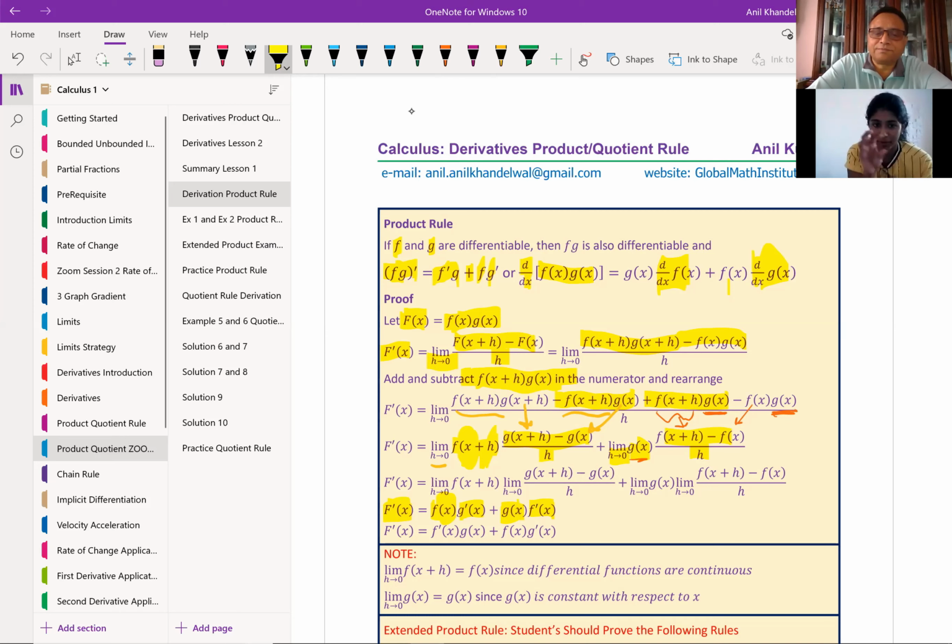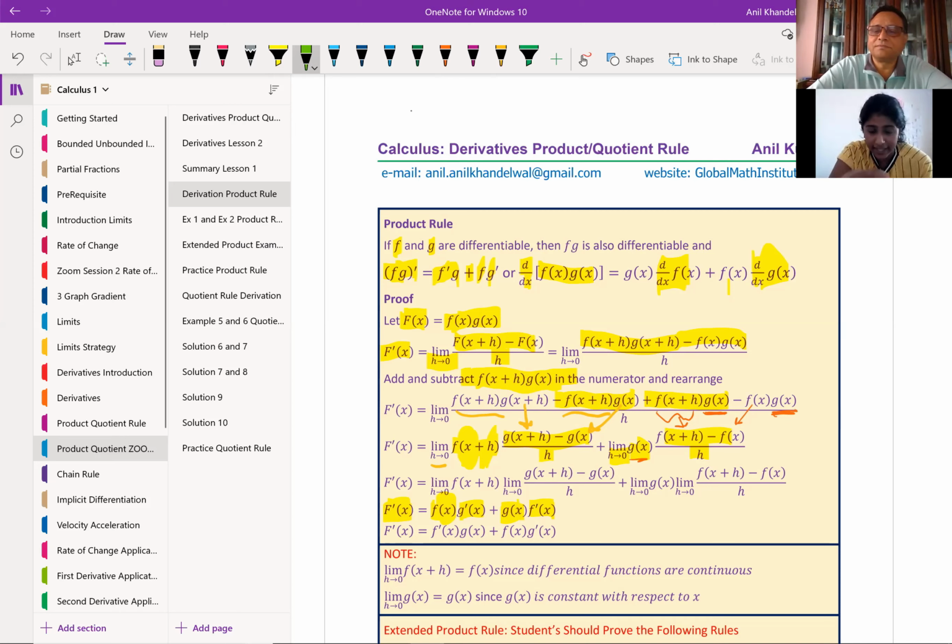Then we just put them into two parts, and when it comes to the last step, we got the limit as h approaches 0 of f of (x plus h), times the derivative of g of x.